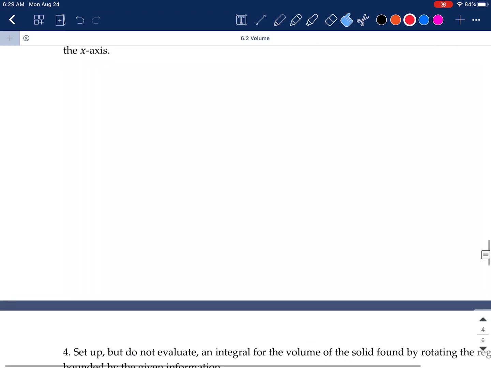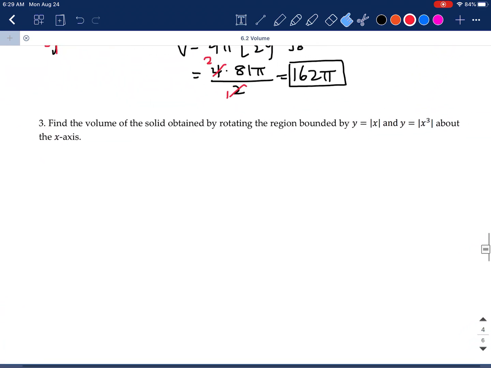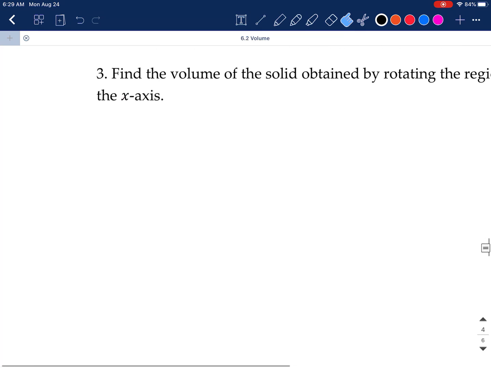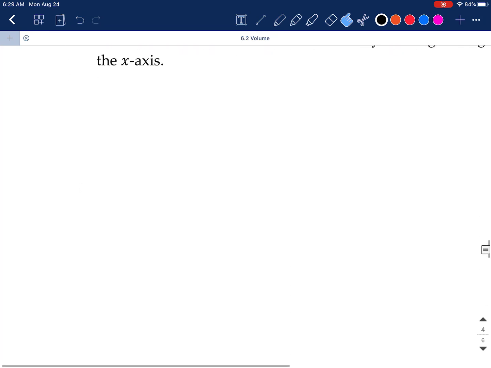And then for number 3, we've got two interesting curves here. We've got the absolute value of x and the absolute value of x cubed. So let's take a look at what these are going to look like. So absolute value of x is pretty simple.